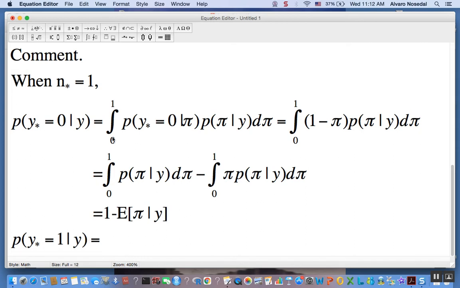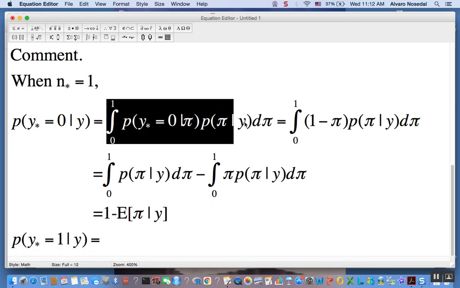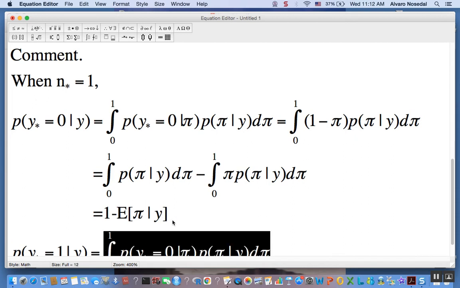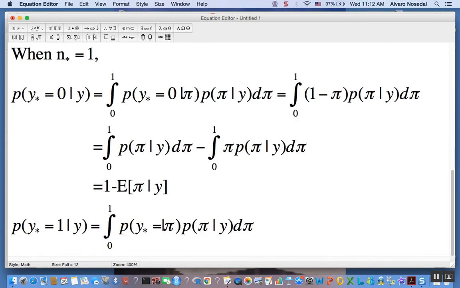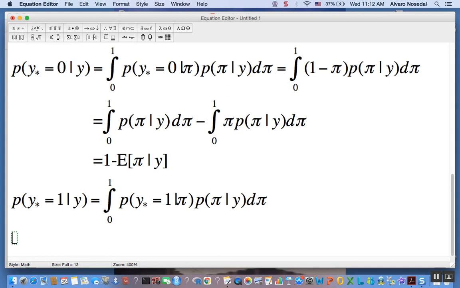Now, for y star equal to 1, when we use the definition, we note that the probability of seeing one success, if the probability of success is pi, will be just pi.